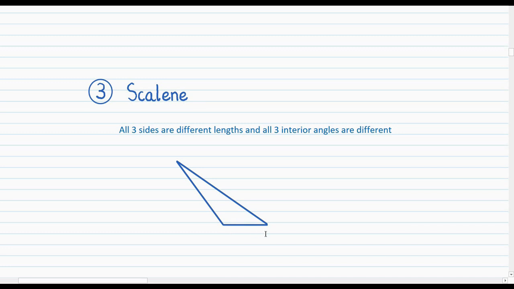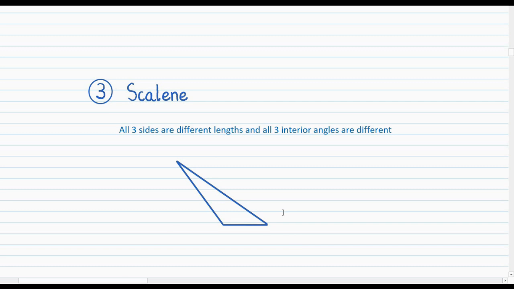So this would be considered a scalene triangle as well as an obtuse angled triangle. So note that the two types of classifications are not independent of each other. You can use both of them at the same time, such as in this case, where you have a scalene triangle and an obtuse angle triangle as well.